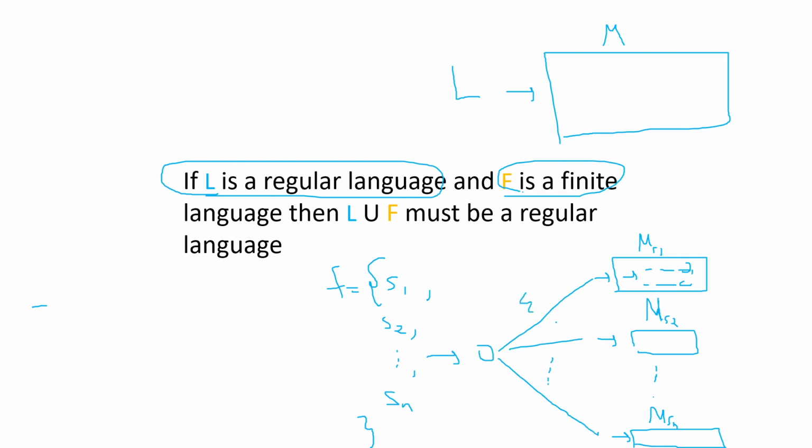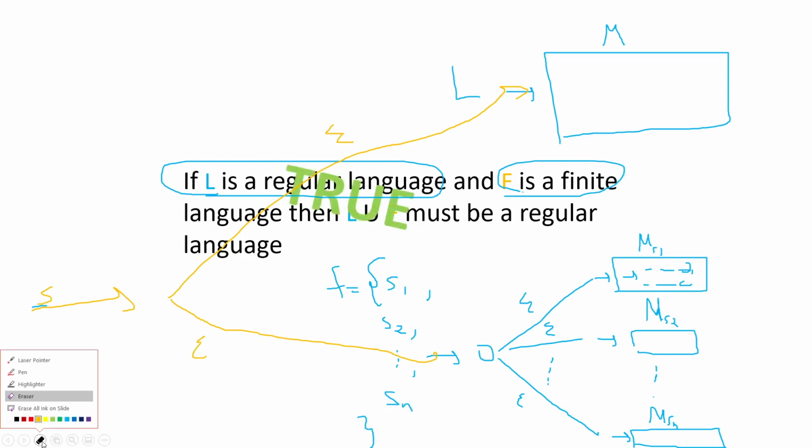This is why finite languages are regular, because you can make a machine for it this way. Then I'll make one bigger machine that goes to the start state of L. This is actually the start, I don't know why I said epsilon. So yes, it is regular because you can make this machine that accepts the whole thing.